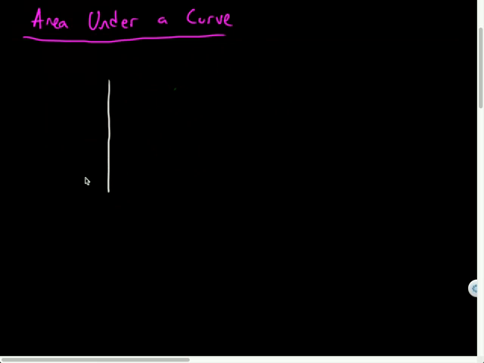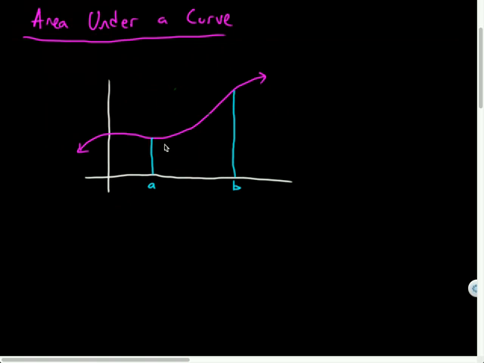So suppose I have some function, something like that, and I want to find the area of this region between point A and point B under that curve. All right, and this would clearly be a valuable thing to know.